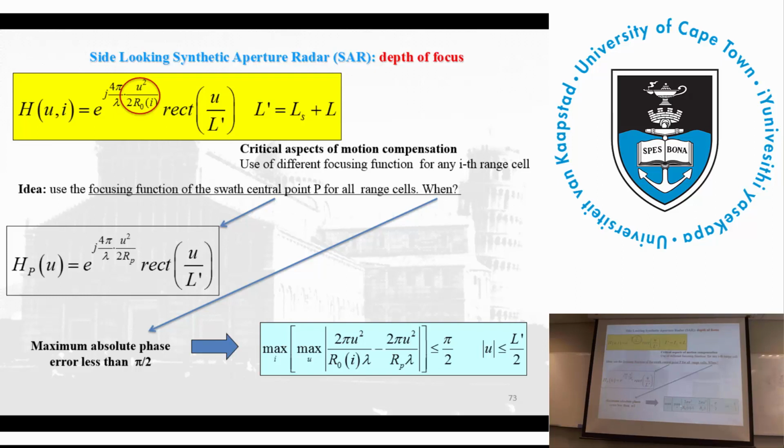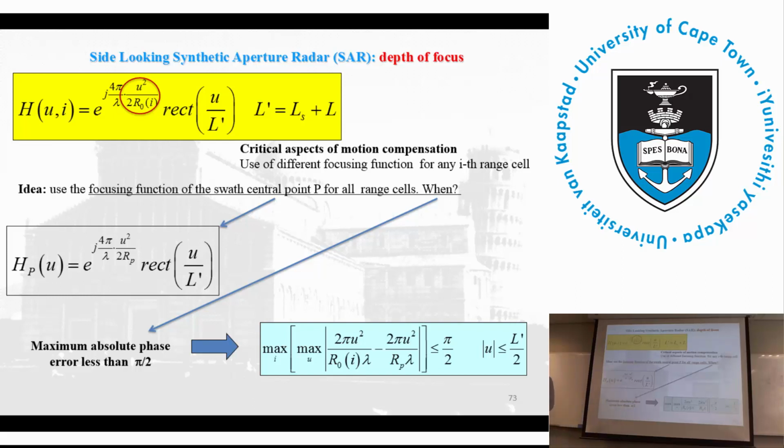So what you do, you basically calculate the difference between this phase term, the one that you would have to compensate for the ith range cell, and the one at P. So when i is equal to this point here, of course, this comes to 0, right? But as soon as this range gets further and further away from R_P, then you get this number, which is a phase term that is actually increasing.